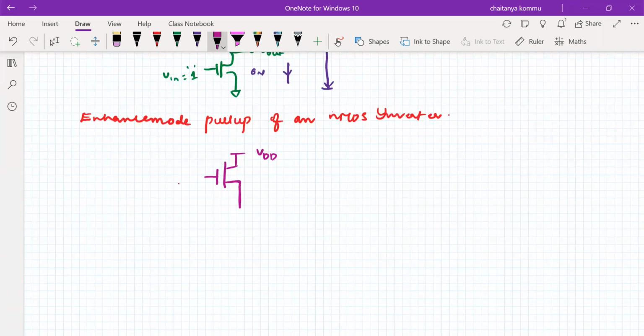If you want this to be always on, since it is a load and must be always on, I have to connect this one to VDD. Later people will realize why we are using the enhancement mode.